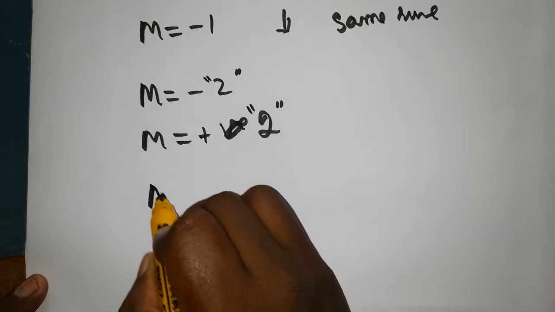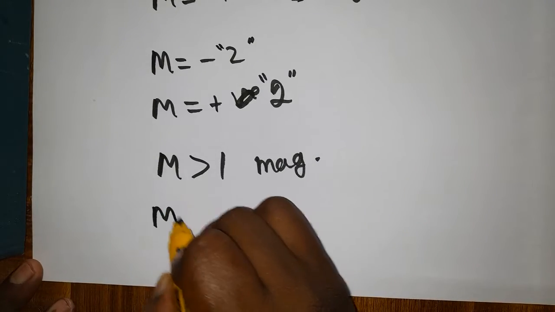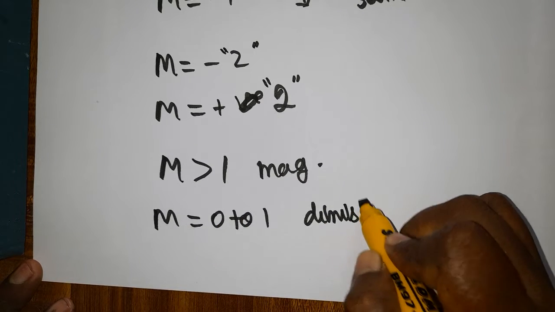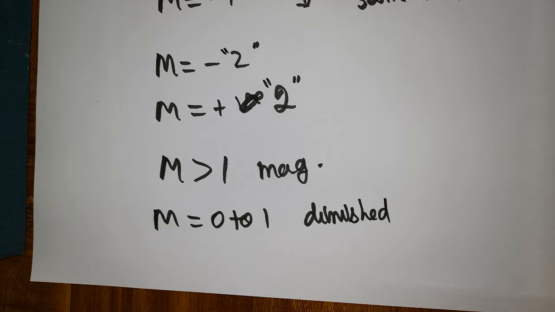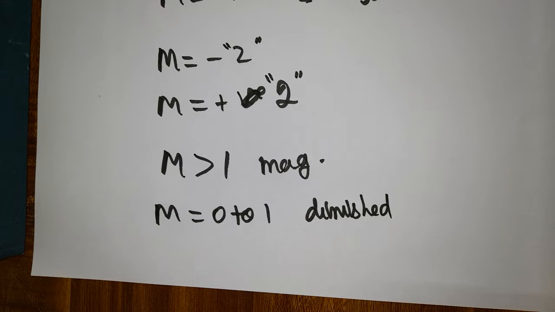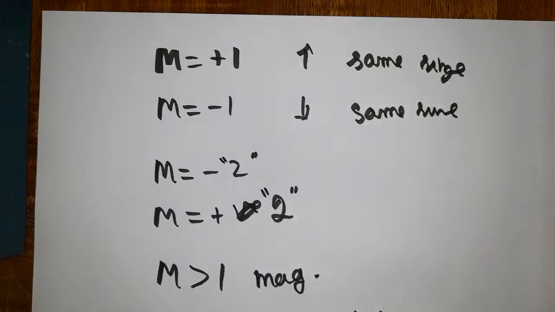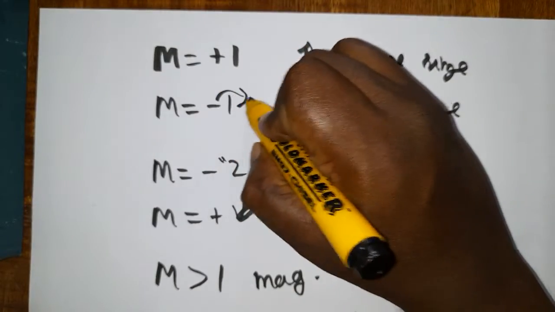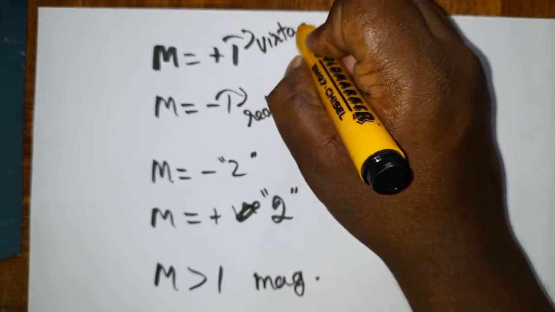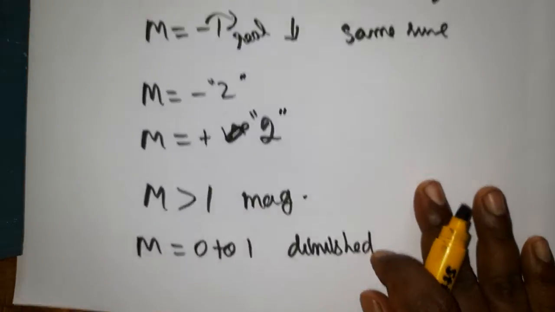If m is more than 1, it is magnified. If m is between 0 and 1, it is diminished. If m is minus, it is going to be real. Plus means virtual. 1 means same size. This is the magnification theory you need to know.